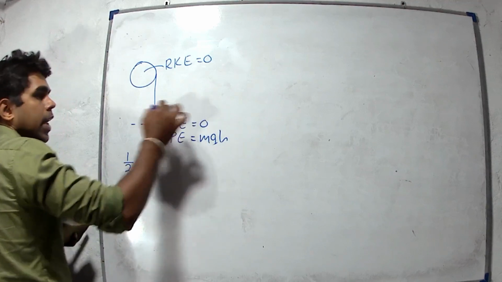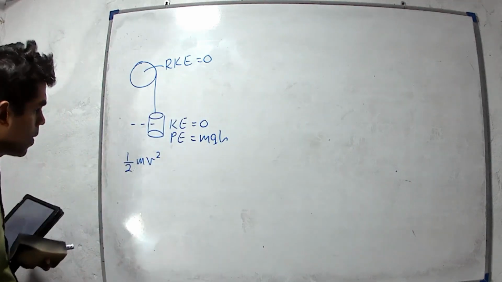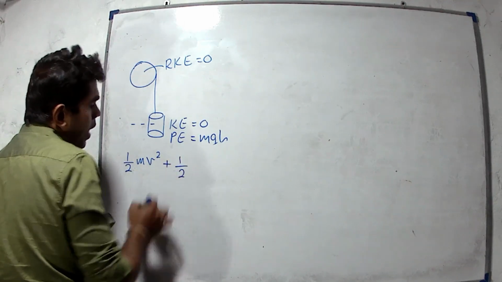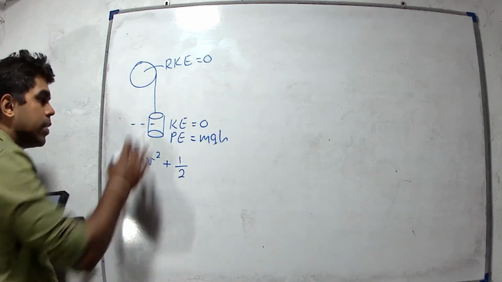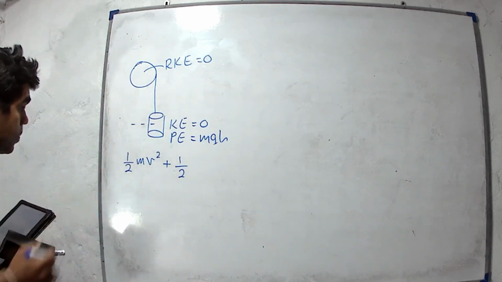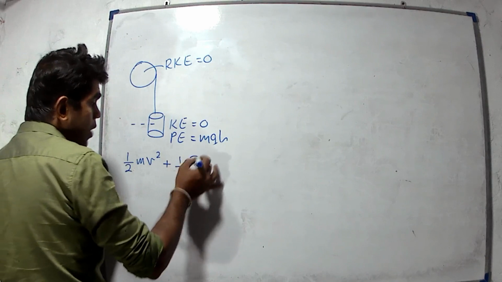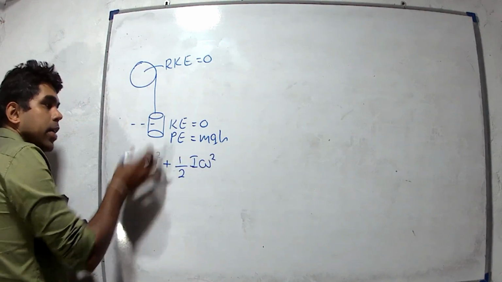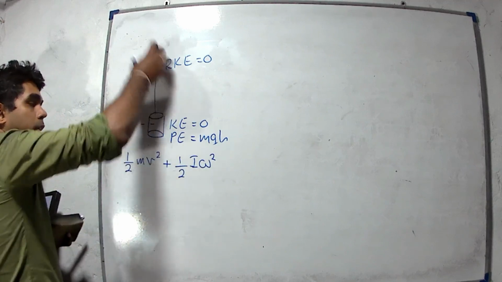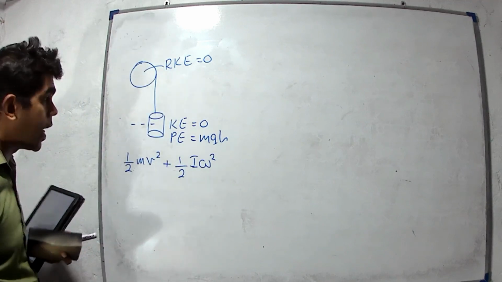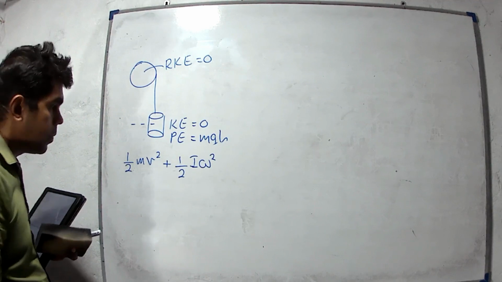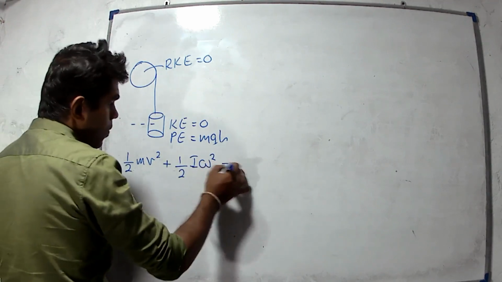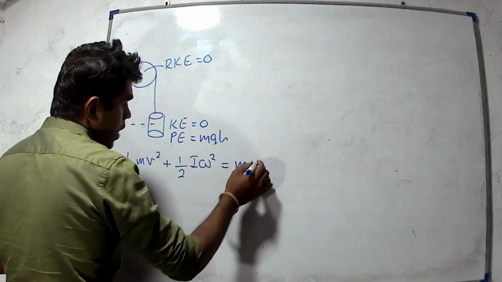The initial linear kinetic energy is 0 at this stage, plus the rotational kinetic energy before the cylinder collides with the pile, half I omega squared. This is the linear kinetic energy of the cylinder, and this is the rotational kinetic energy of the pulley. The sum of these two energies should be equal to mgh.